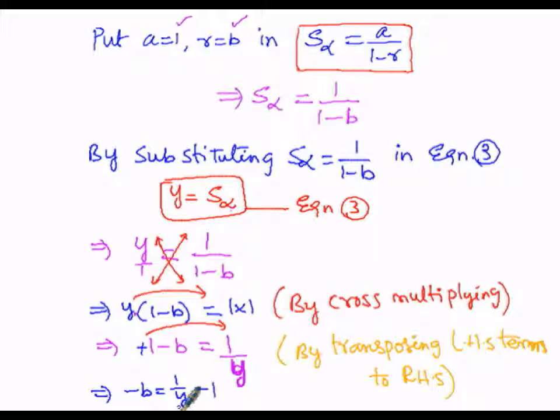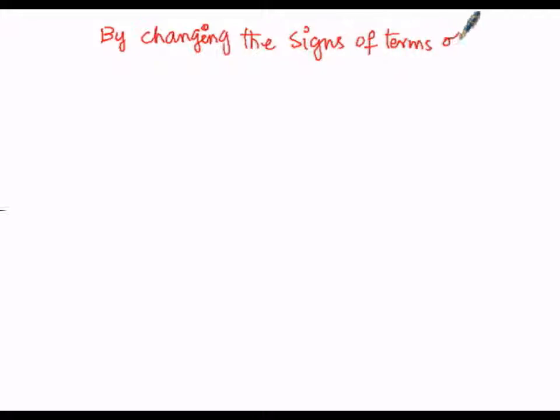So now, by changing the signs of the terms of the equation on both sides, the next logical step: that implies minus b becomes plus b.